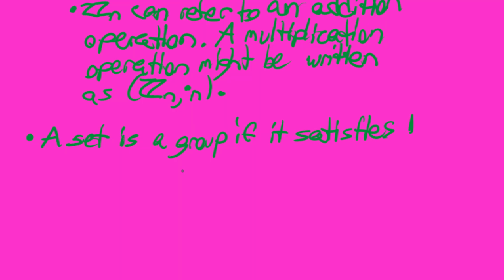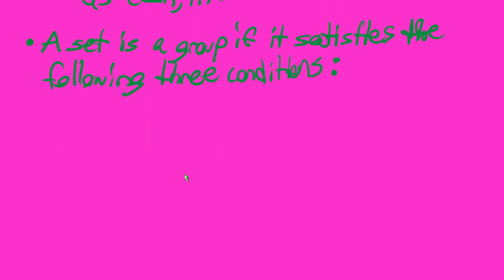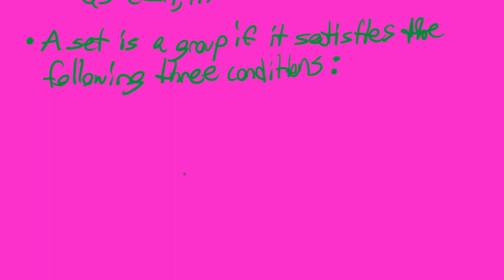All right, so let's look at what defines a set as a group. A set is a group if it satisfies the following three conditions. And we kind of briefly went over these in part 1, but now we'll look at them a little more in depth.